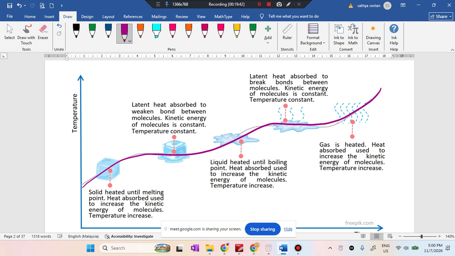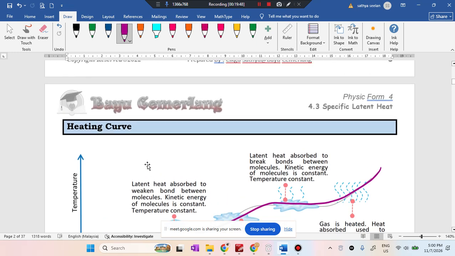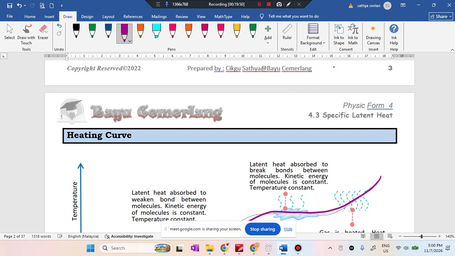Now, see here, solid is heated until the melting point. Sebelum tu you kena tahu dalam physics ke apa-apa sajalah, kenapa temperature naik? When your kinetic energy of particles increase, your temperature will increase.